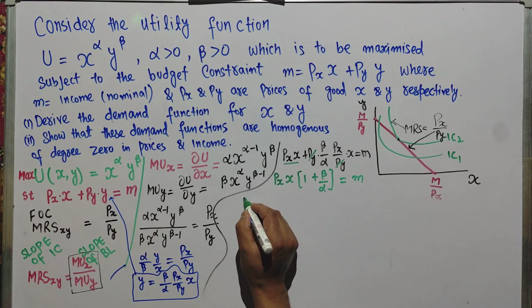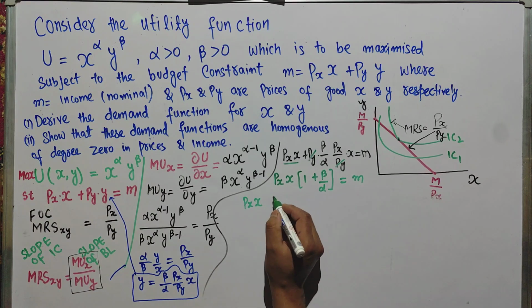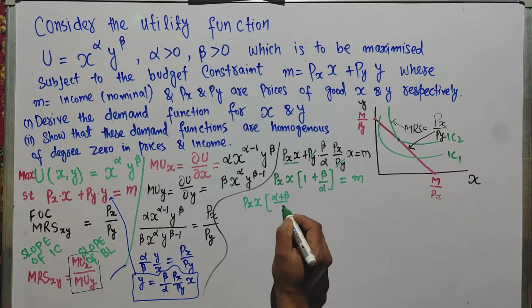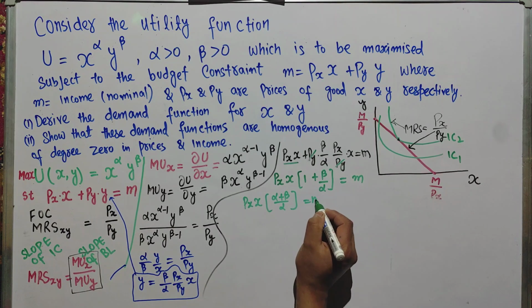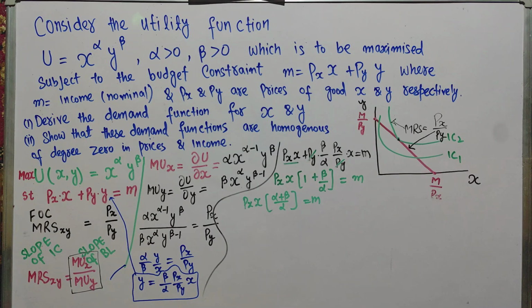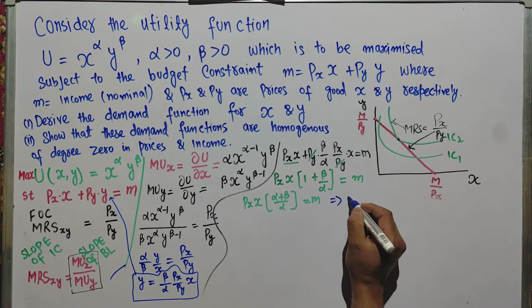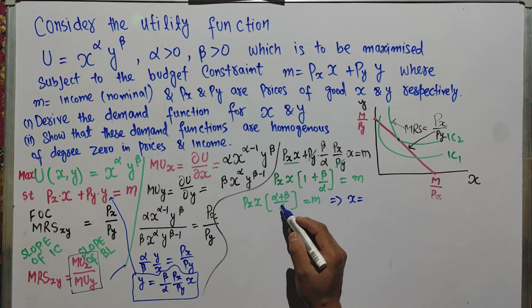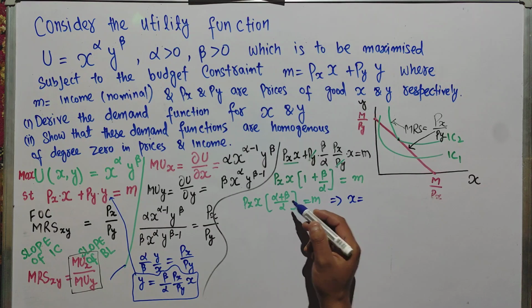This becomes px into x times alpha plus beta divided by alpha should be equal to m, which implies x will be equal to, if I transpose it, it will get reciprocated.